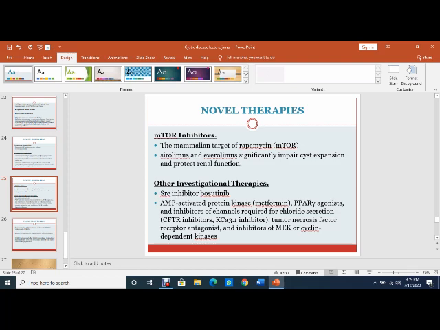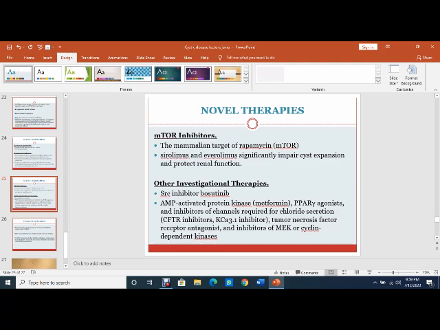Other investigational therapies are SRC inhibitors such as bosutinib, cyclic AMP activated protein kinase, metformin, PPAR gamma agonists, inhibition of the channels required for chloride secretion, tumor necrosis factor receptor antagonists, and inhibition of MET and cyclin dependent kinase.